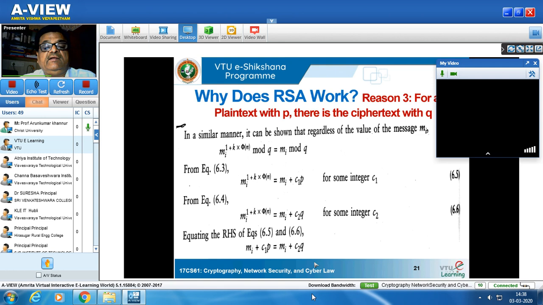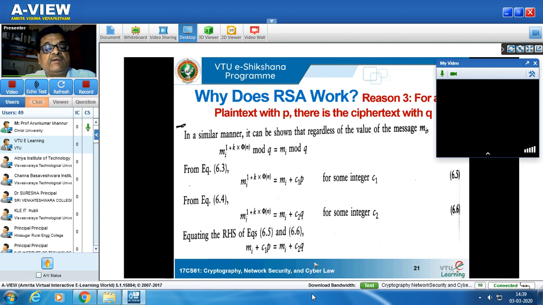When we obtain the value of any of these messages, regardless of the value of the block message, we can show that m_i raised to 1 plus k into Euler's phi n, please remember, the 1 plus k into Euler's phi n, on that we are carrying out mod q.